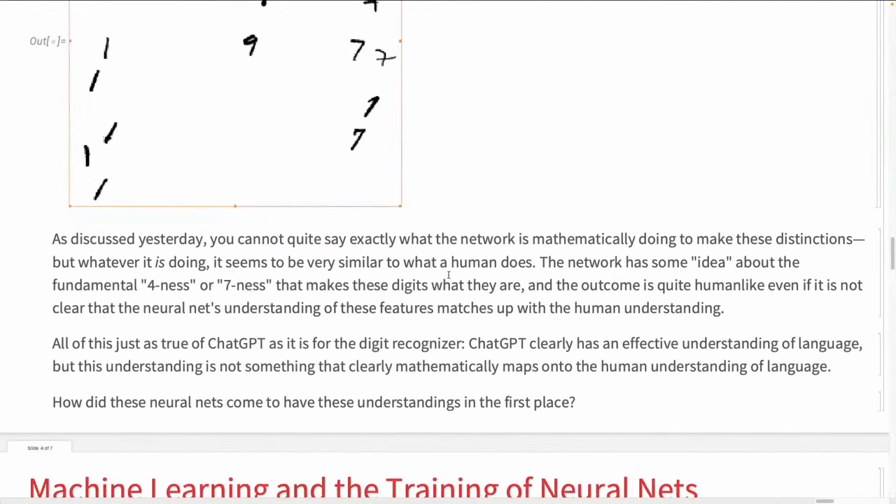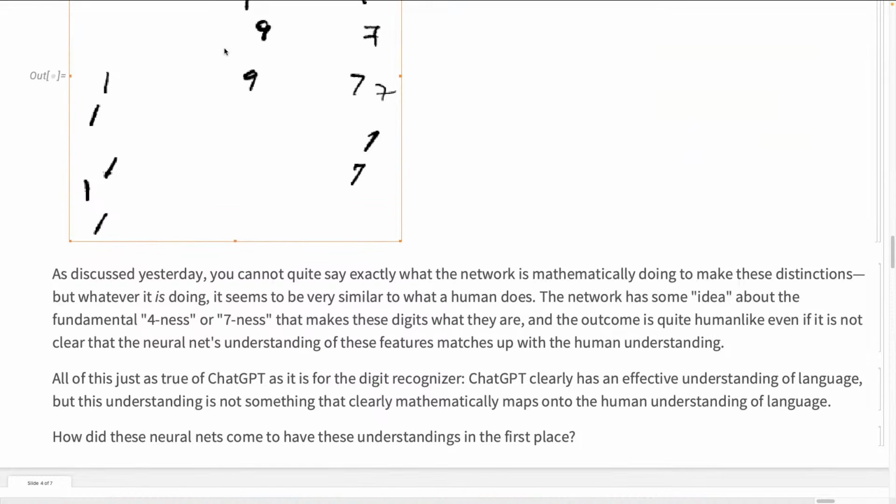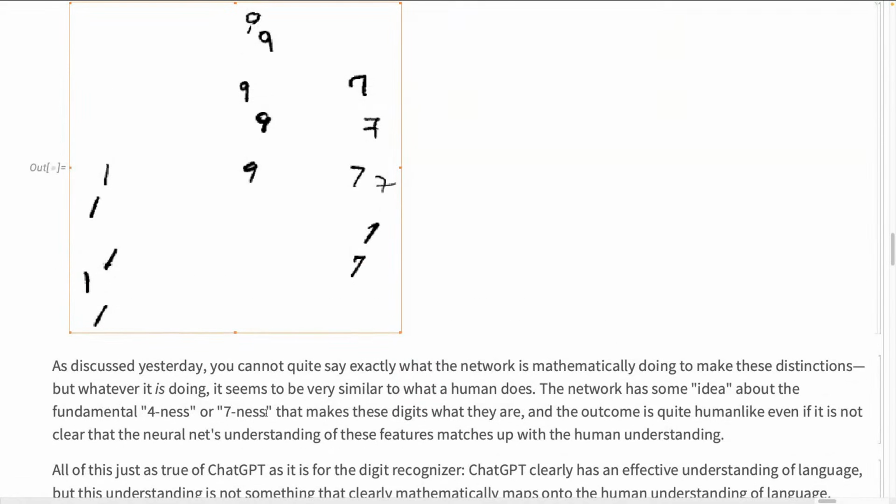So I just want to note again something we mentioned yesterday. We can't say exactly what the network is mathematically doing to make the distinctions between 1s and 9s and 7s. But whatever it is doing, it's pretty close to what a human does.